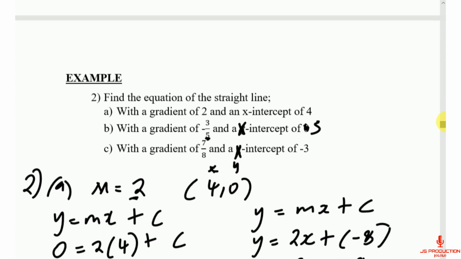Let us look at question 2c, with a gradient of 7 over 8 and an x-intercept of negative 3.